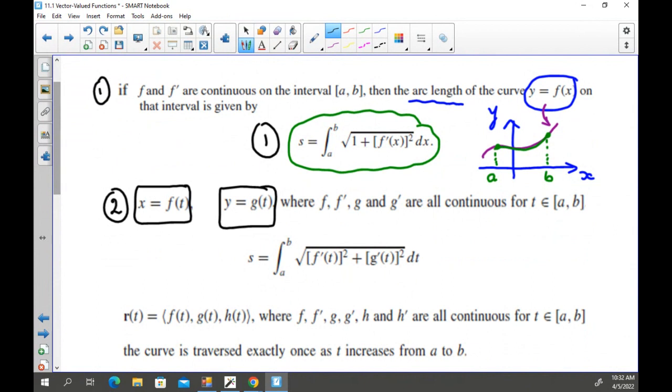So this time, same idea, you have a curve, but given not as y equal f of x, but in parametric form.